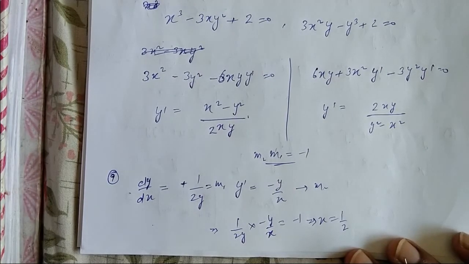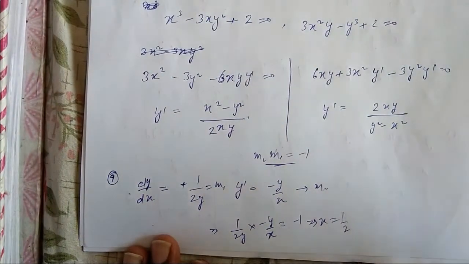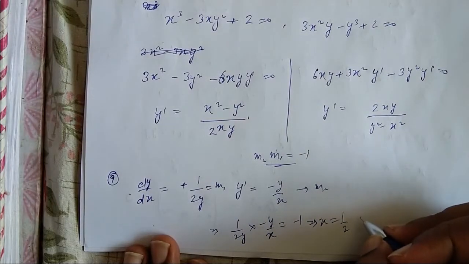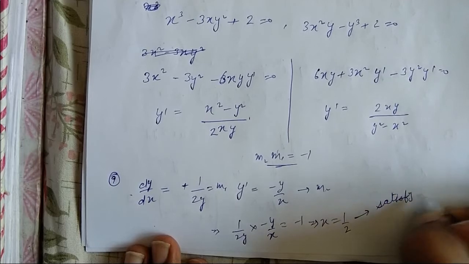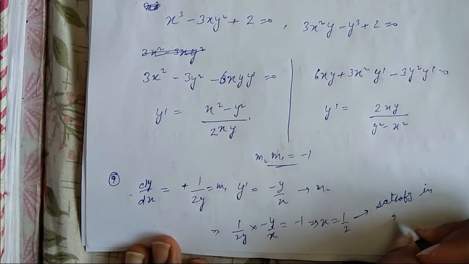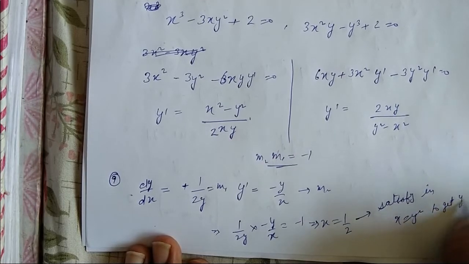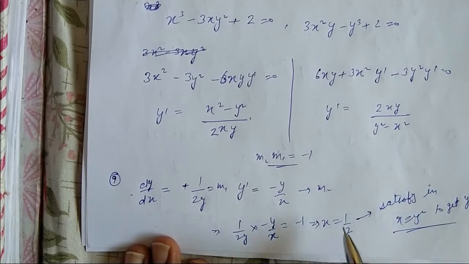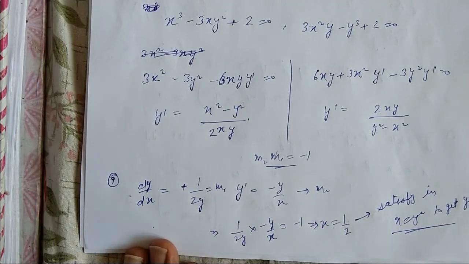So now we know x and y both, which we can put in the second equation to obtain the value of k.